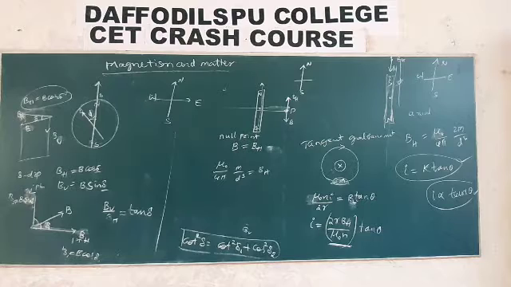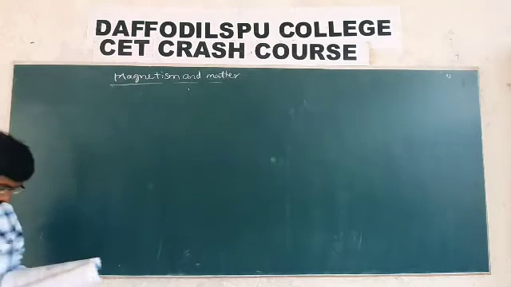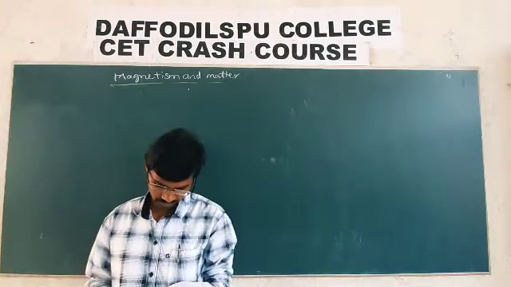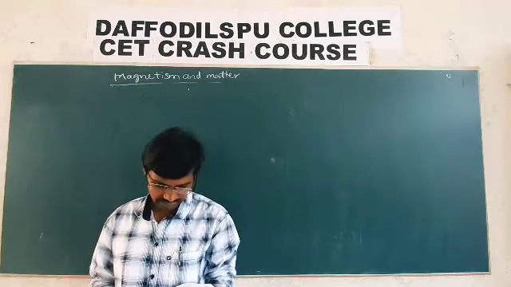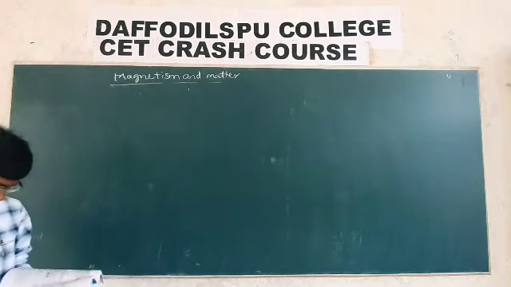Let us substitute: 10 power minus 7 into 2 into 1.25 by d cube, 0.5 meter means 1 by 2 whole cube, which is 1 by 8.